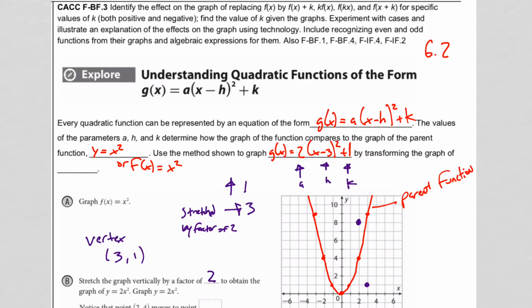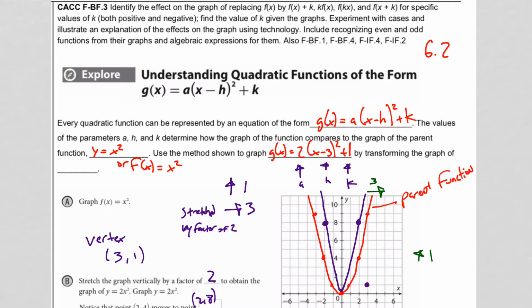I think this is just describing, well, if I had y equals 2x squared, it would be stretched like so. And then the whole thing would be moving 3 this way and up 1.